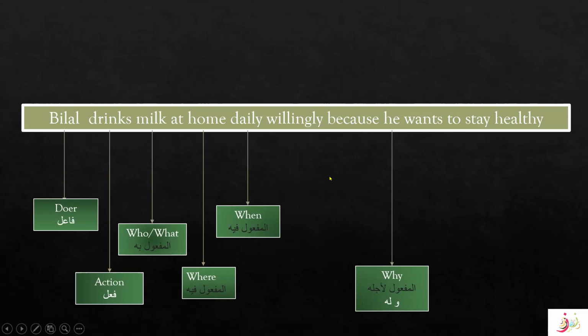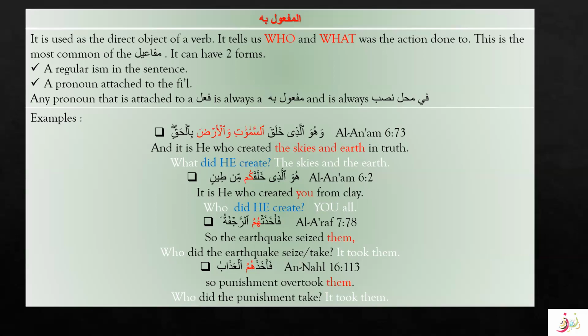All these are maf'ul. They are all details. But now we are learning what type of details they are, whether it is مفعول به, مفعول فيه, مفعول معه, مفعول مطلق, or مفعول لأجله or له. Alhamdulillah. So let's start. For this session, inshallah, we are going to see مفعول به in detail.